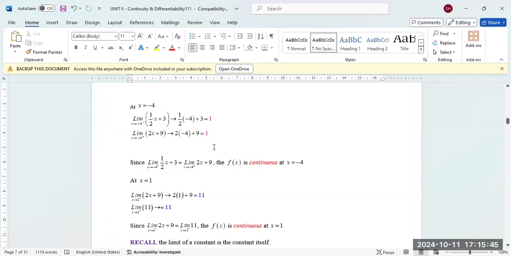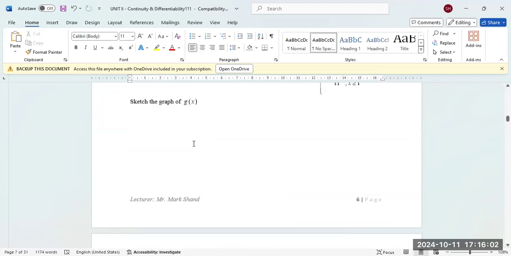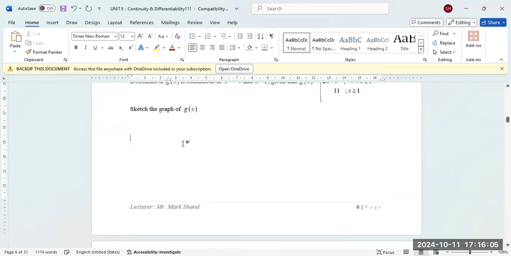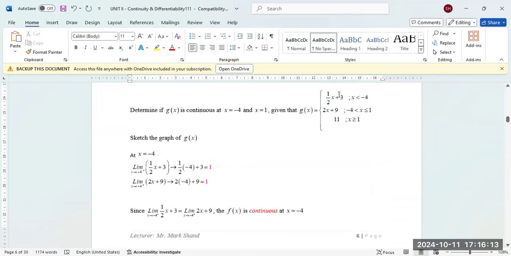I thought I understood the concept, until I saw that your 2x plus 9 is tending to -4. All right, so when the limit tends to, when it's to the left of -4, it is going to be superscript minus.